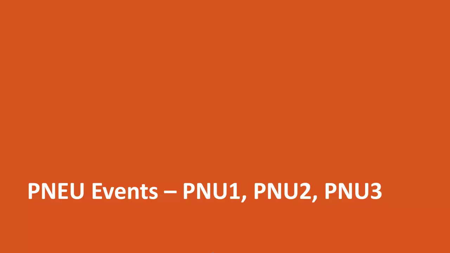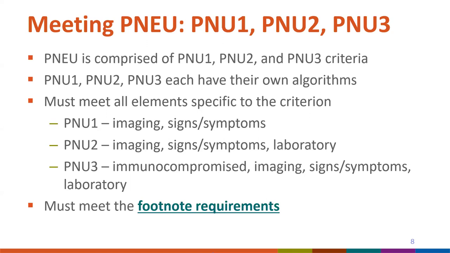Now let's take a look at how the new definition can be met. The new surveillance definition can be met with any of the 3 algorithms, new 1, new 2, or new 3. When you meet new 1, new 2, or new 3, this is reported as a new event. Regardless of the specific event, you must first meet the imaging element, and then you must meet the signs and symptoms element.